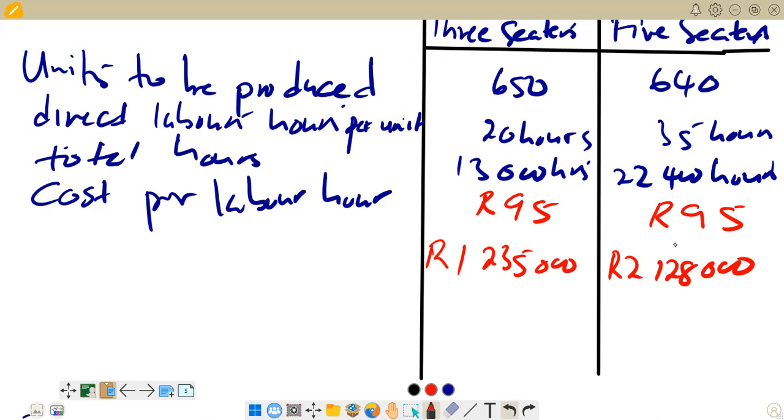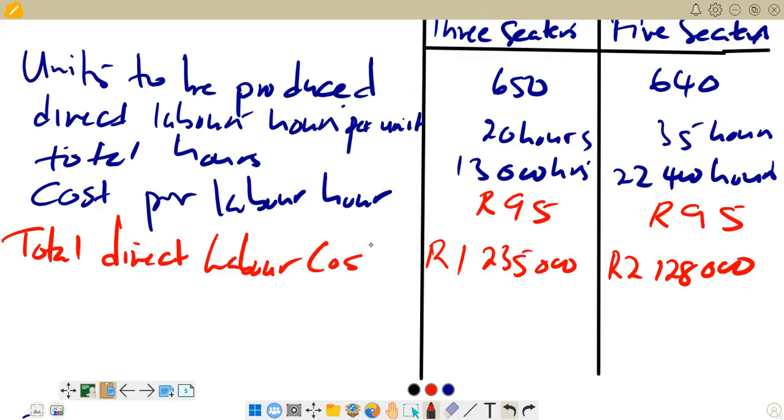And then we get to the total direct labor cost. So this is what we have in terms of the direct labor budget.